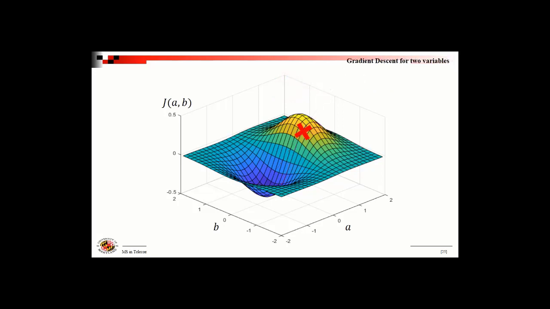Now let's look at it from the other variable's perspective, from b. You start from the same arbitrary point, but now you want to look at the slope along the b variable direction. So we take the partial derivative of the cost j with respect to b and see where that slope takes us, towards the right or towards the left.